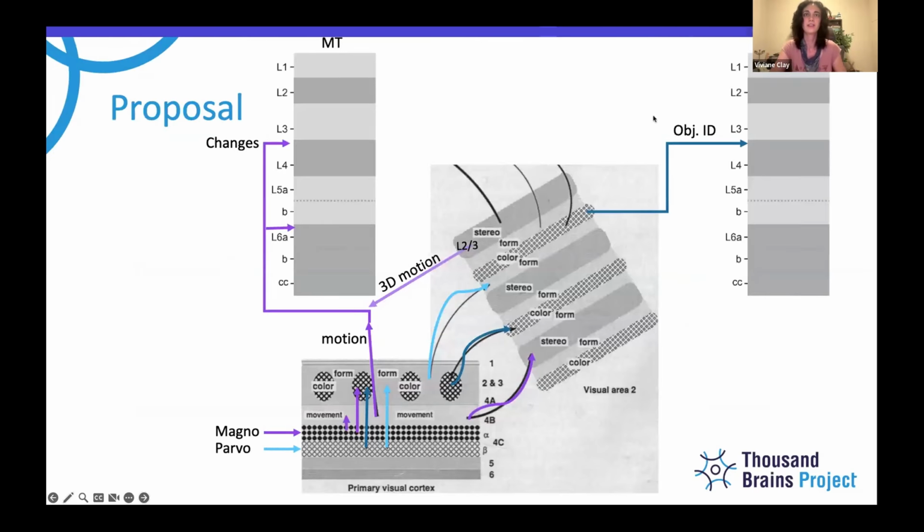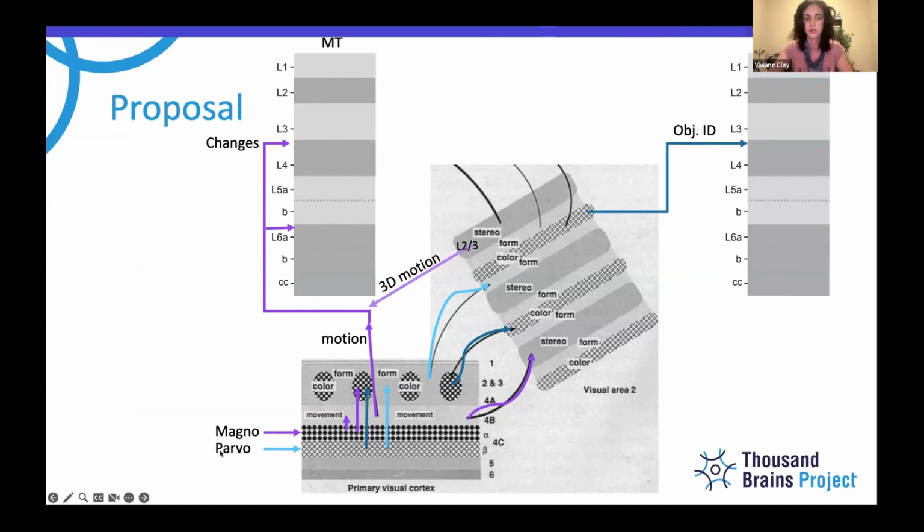So this is my interpretation mapped onto this figure, plus adding some columns here, where purple is the behavior model pathway and blue is the morphology and feature model pathway.